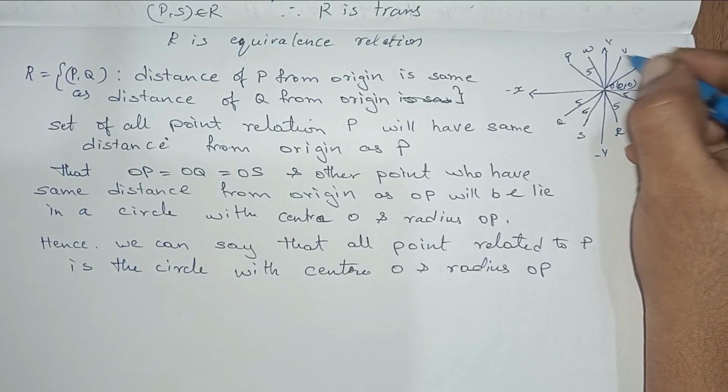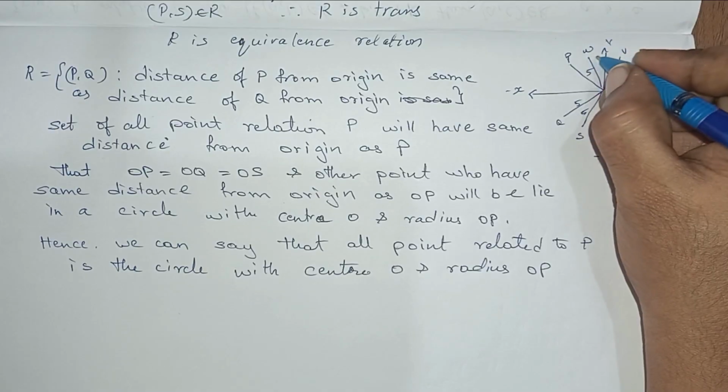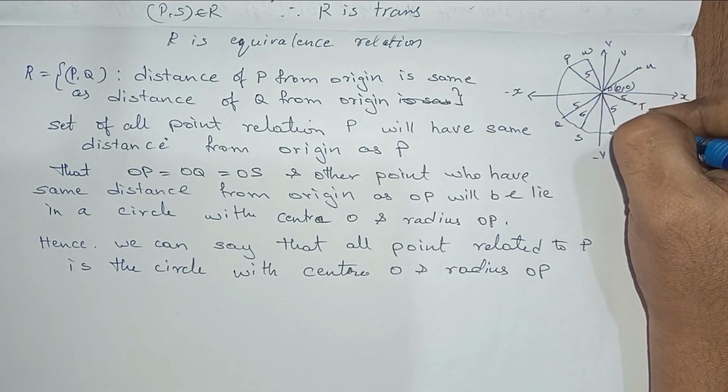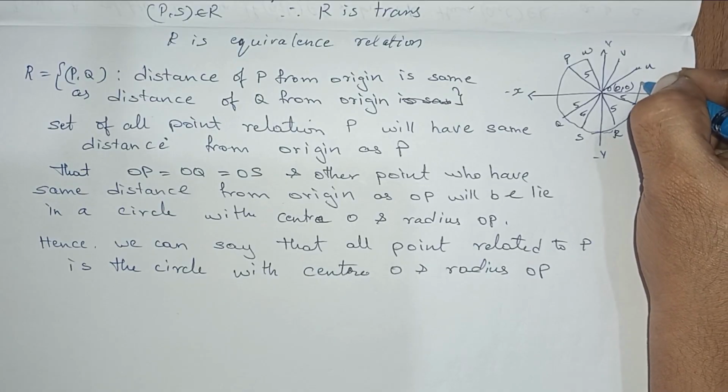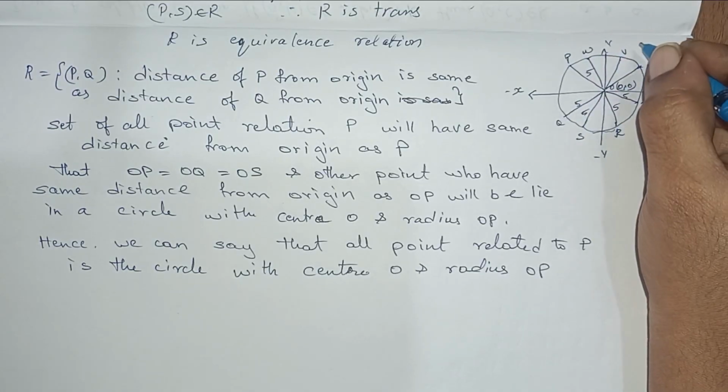So keeping these points, we can form a circle. If we join all these points, it will form a circle.